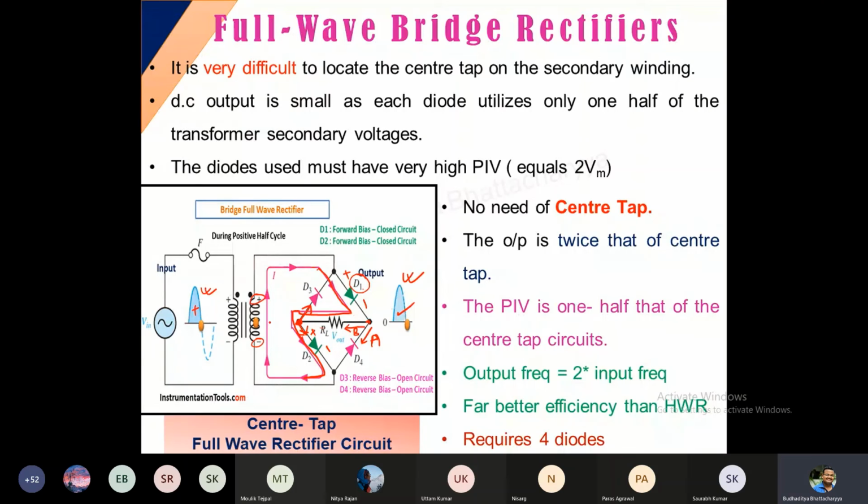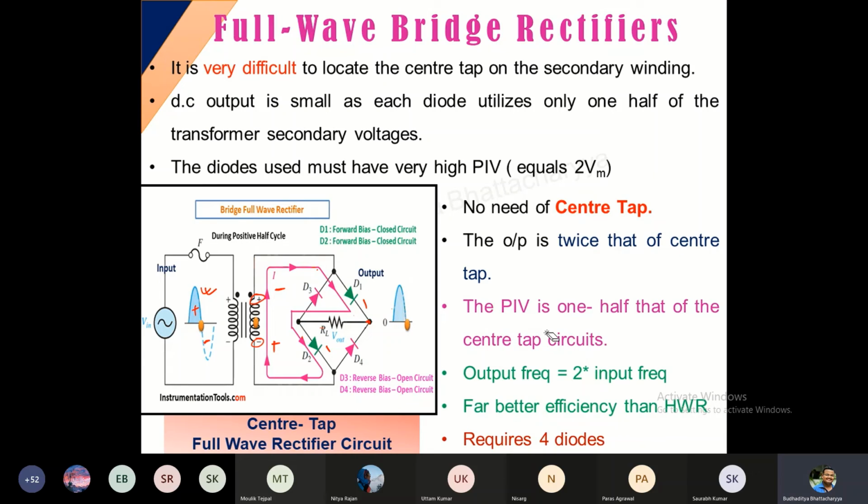Second half, when it is negative, when the negative dotted line comes in, definitely it is the other way around. So this will be my positive and this will be my negative. So what will happen? If this supply is positive, definitely the diode D4, okay, if I remove all this, let me remove it.